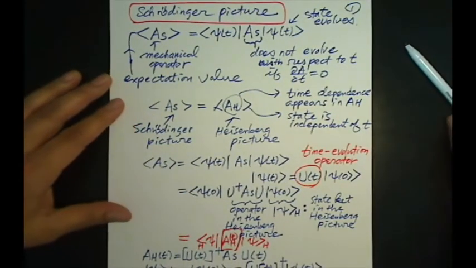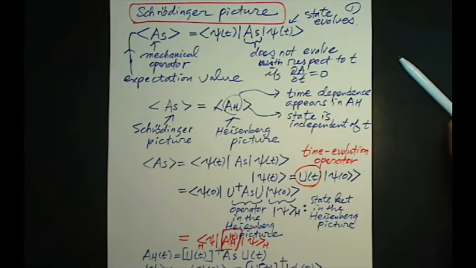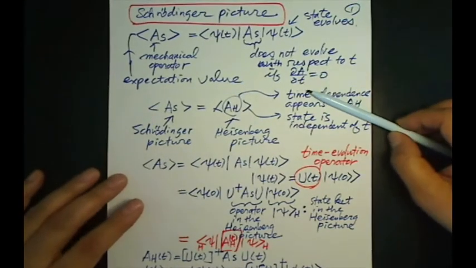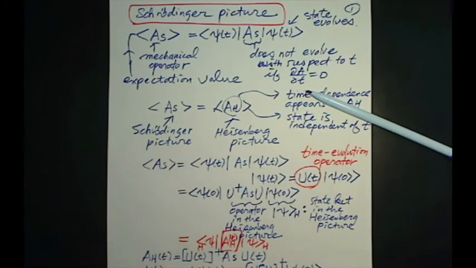For simplicity, in this class, we consider the case that the mechanical variable A is free of explicit time dependence, and even the Hamiltonian does not have any explicit time dependence.